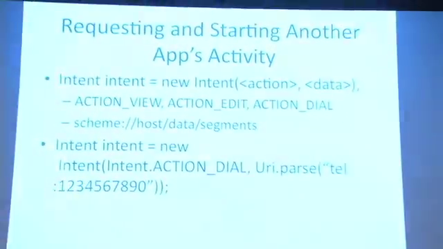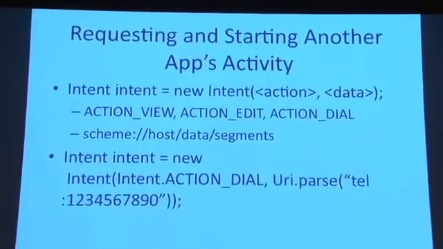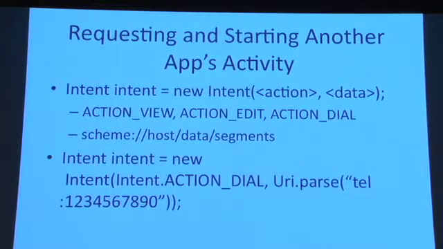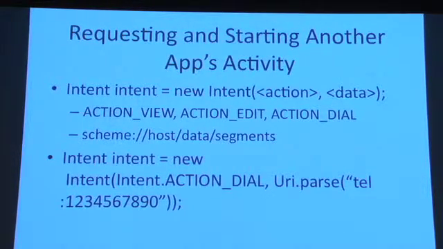So right here we have intent equals new Intent, and that is all the same, but instead of having the package context and the next activity being the parameters, we have different actions and the data that we're going to be sending over. One example is ACTION_DIAL, and this will bring you to the actual dialer of the phone. It doesn't actually call the person yet, but you see some data there.